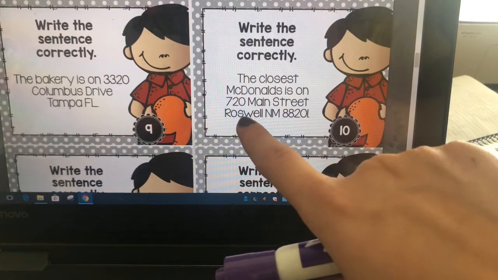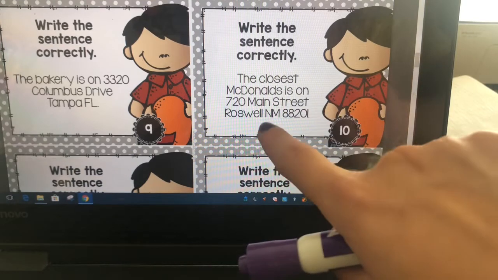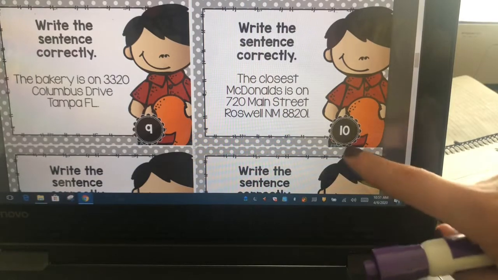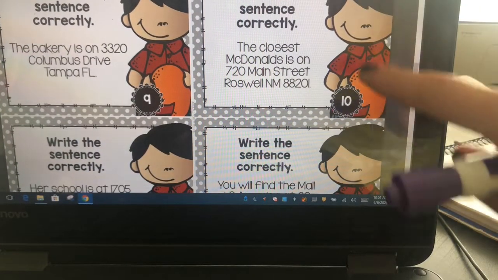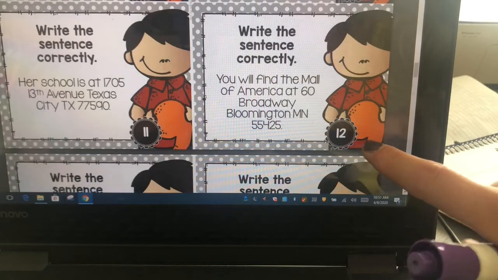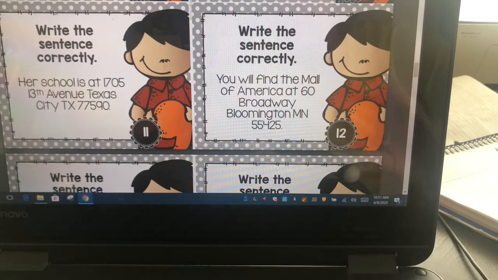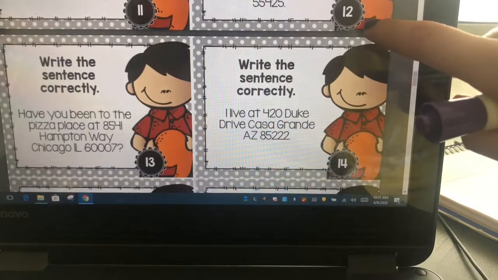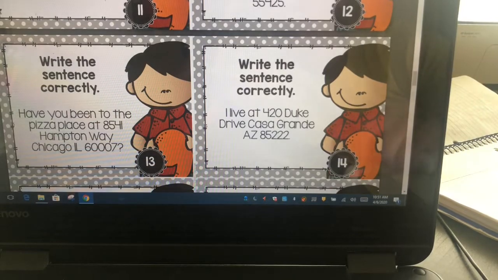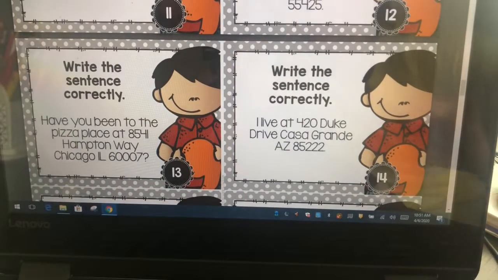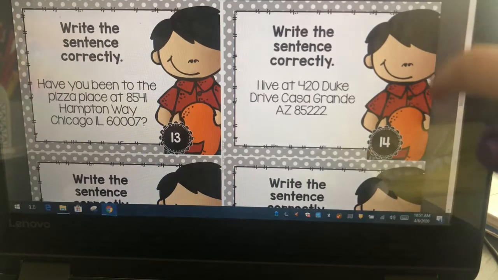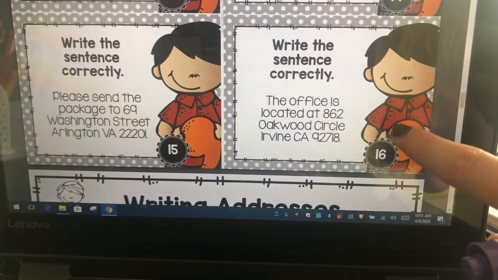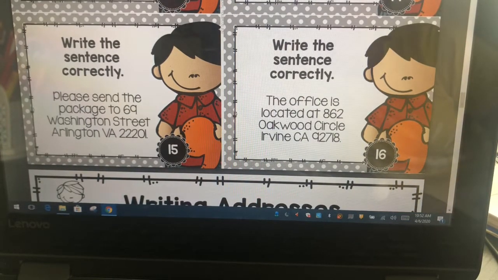Remember, we need to add a comma after the street name, the city, comma, and we have our state there. Pause the video at any time to write down these sentences correctly. So there's number 11 and 12, 13 and 14, and your last one, 15 and 16.